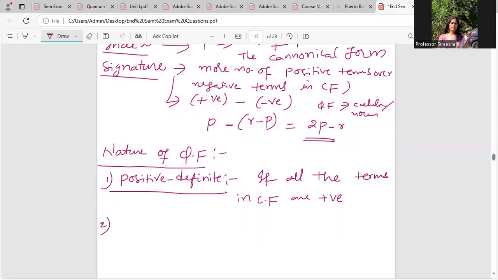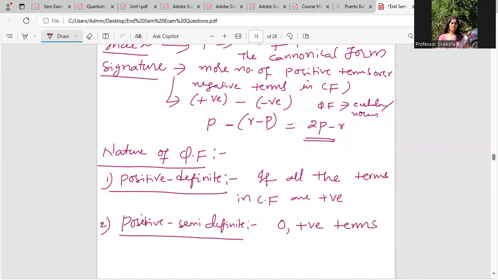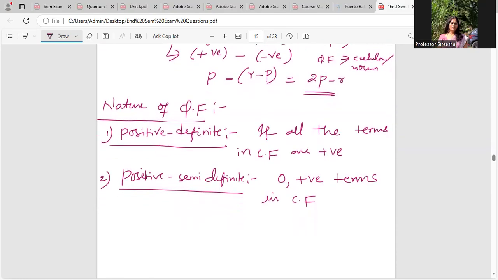Now, there's something called positive semi-definite. What is that? If I have zeros and positive terms, some zeros can be there, positive terms are there, a combination of zeros and positive terms in canonical form, then I'll be calling it positive semi-definite.